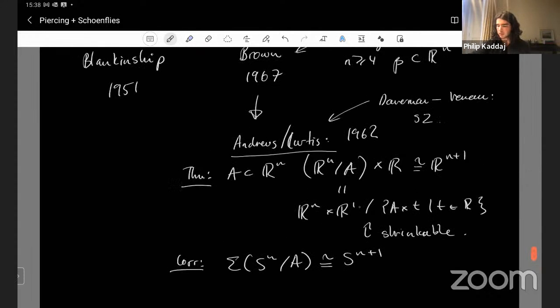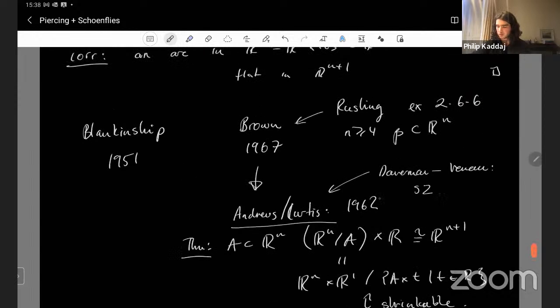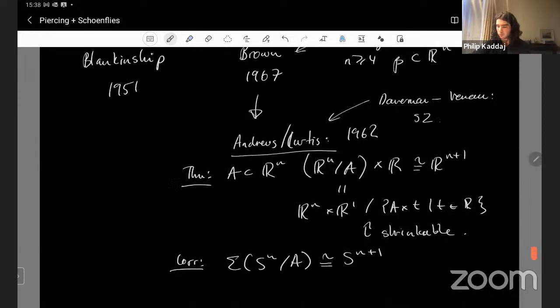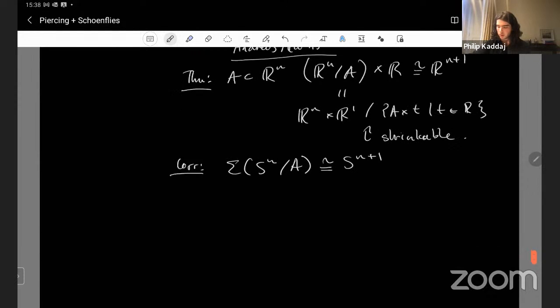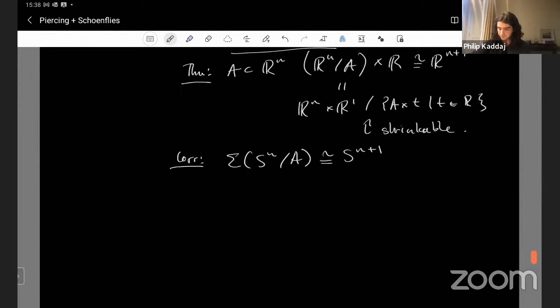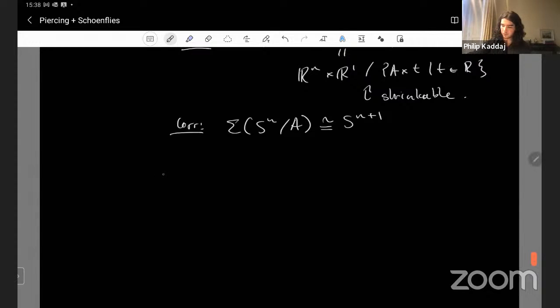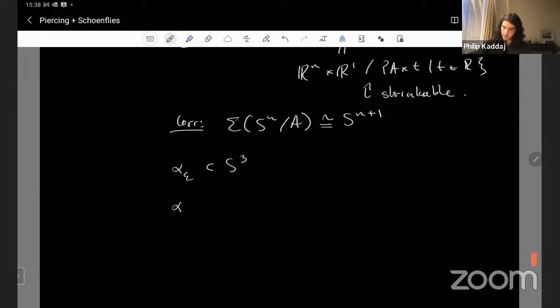But yeah, using this, we can inductively construct arcs that are wild everywhere. The idea is that if we have alpha 3, which is wild in S3, then we can define alpha n plus 1 to be the suspension of alpha n viewed as a subspace of the next sphere.